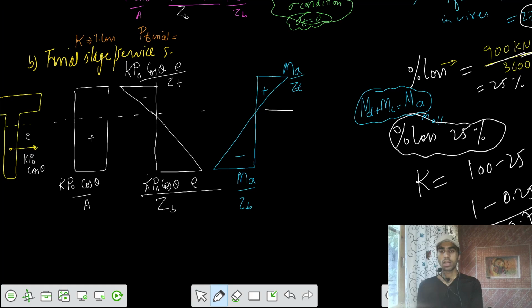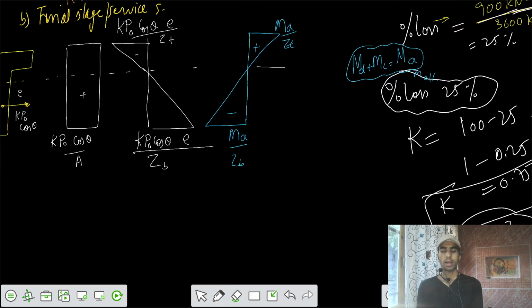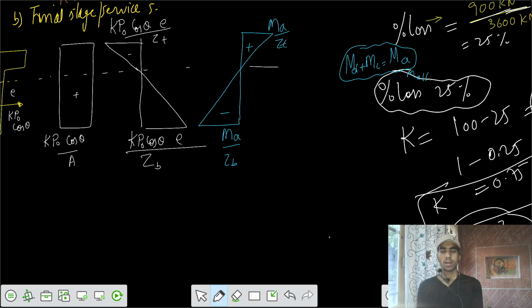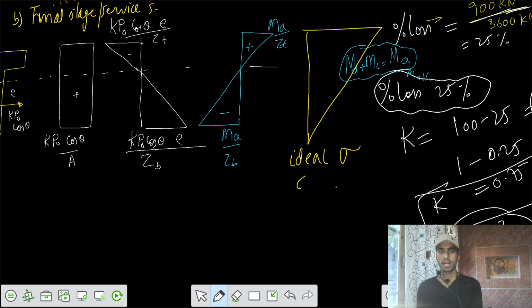Then after that, for the final resultant of those three, I want the ideal stress condition to be there. That I want stresses in this way. This is the ideal stress condition for the second stage: I want no tension in the bottom fibers.